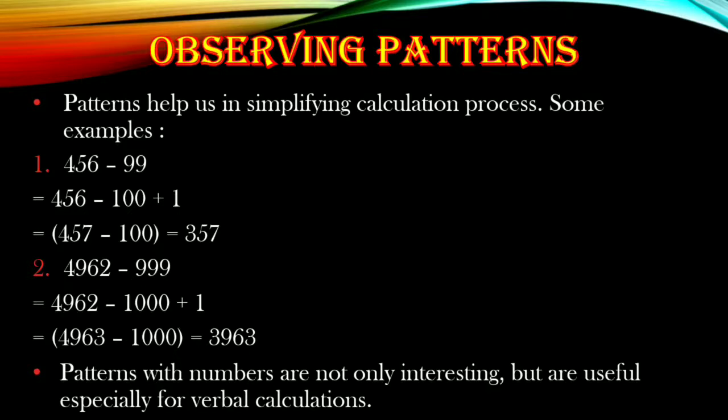Now, we shall add 4962 and 1, and the sum is 4963. From this sum 4963, 1000 is subtracted and the difference comes out to be 3963, which is a whole number.